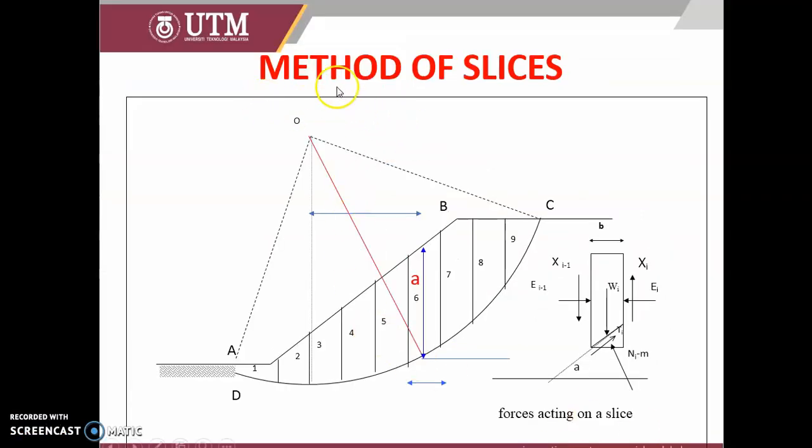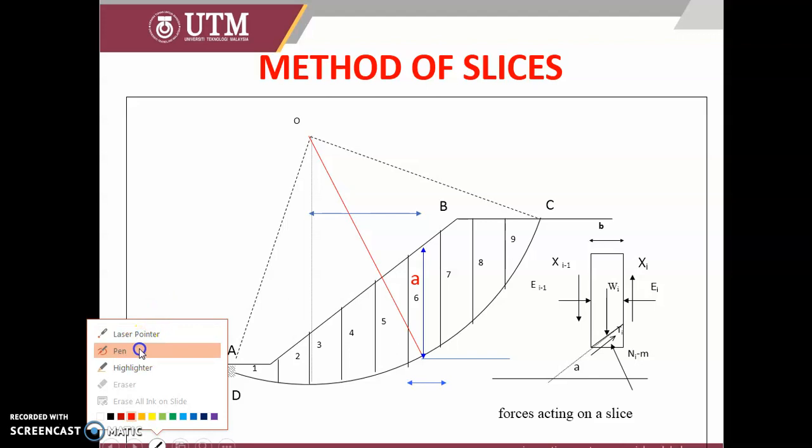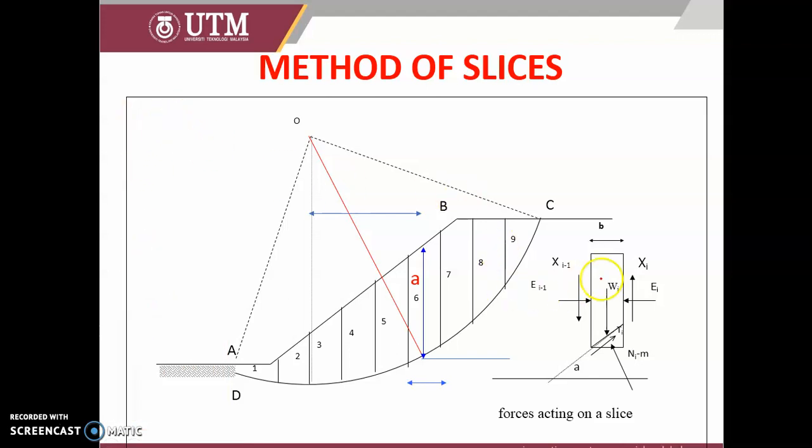So let's see this slide, method of the slices. Let's say we have a circular slip like this one. So deep-seated, you can call this one deep-seated. It is actually similar to the previous concept. So we still need to know, I hope you still realize, let's say this is one slice that we want to start analyzing with a certain width.